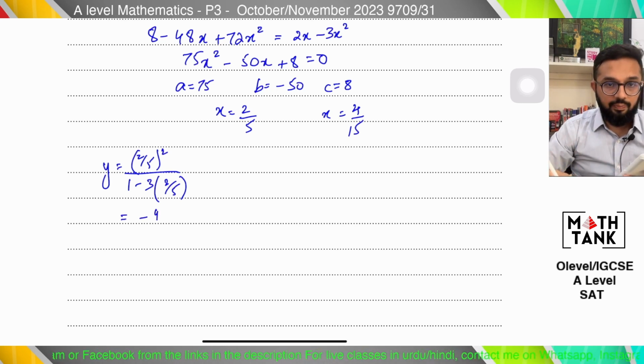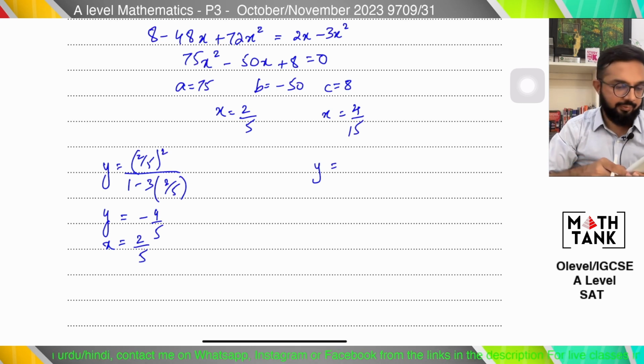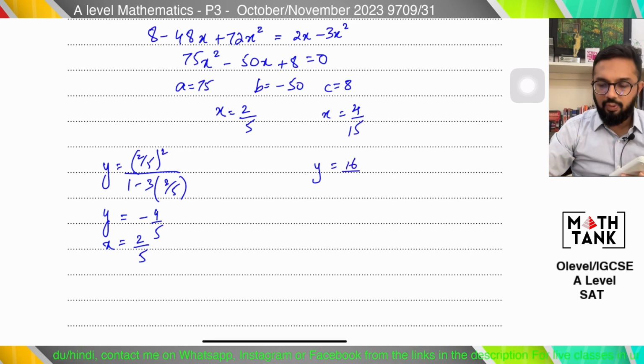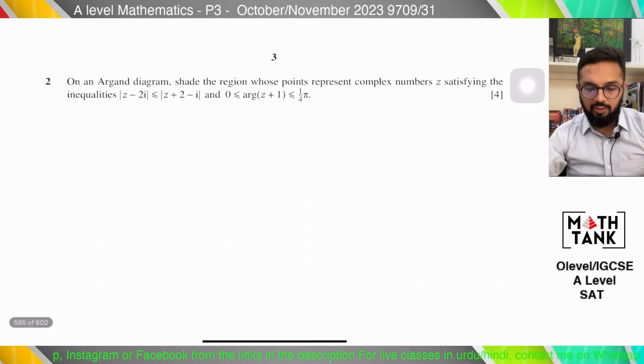I'm getting minus 4 over 5 for x equals 2 over 5 and 16 over 45 for this. Okay, those are the correct answers. Let's move on to the next question.